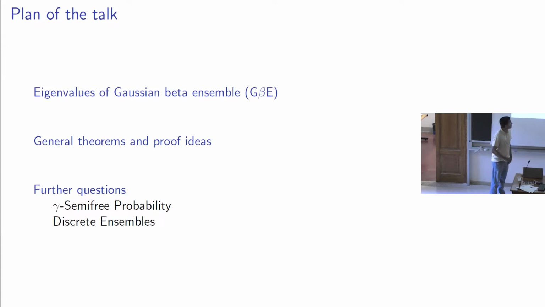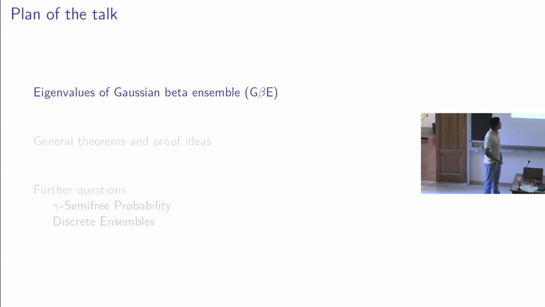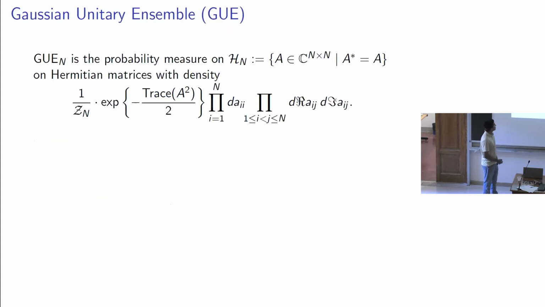First, let's jump straight into the first example, which is the Gaussian beta ensemble. This is the definition. Even before talking about the parameter beta, we're just going to talk about the Gaussian unitary ensemble. This is a probability measure on n by n complex Hermitian matrices.